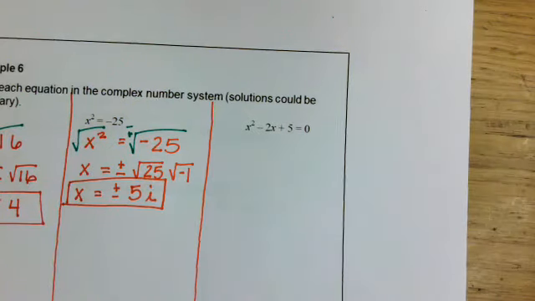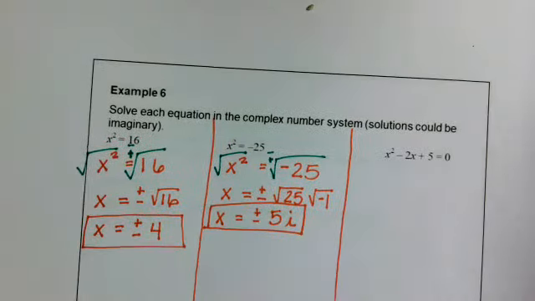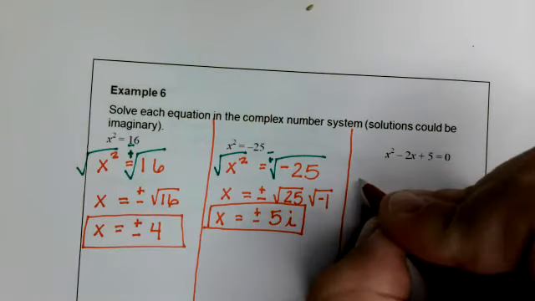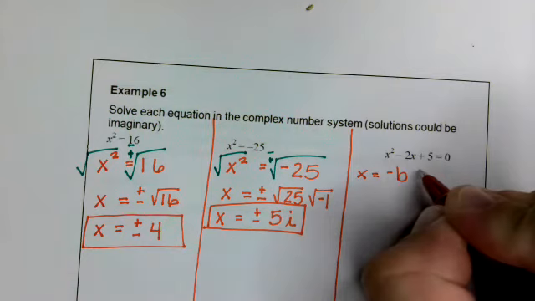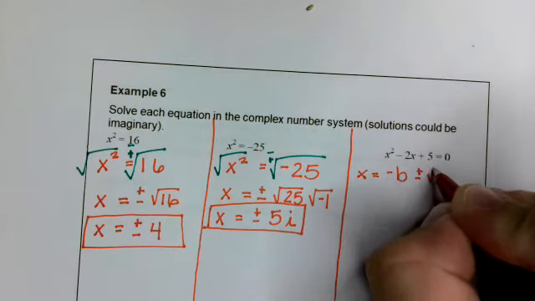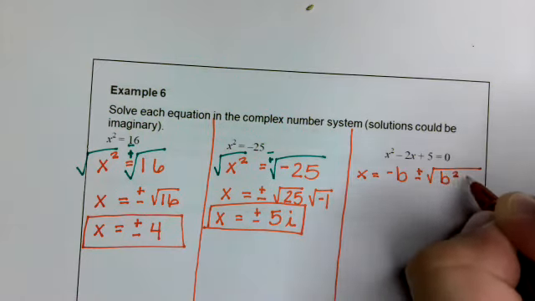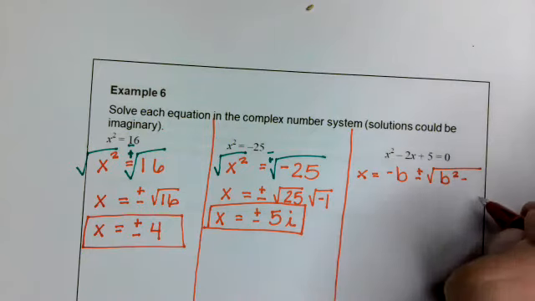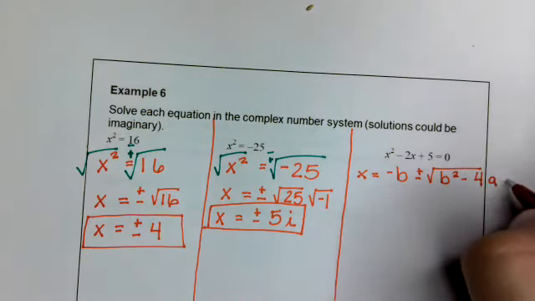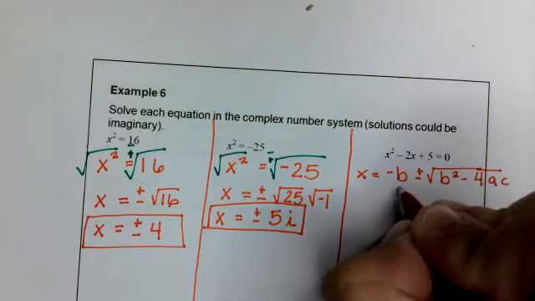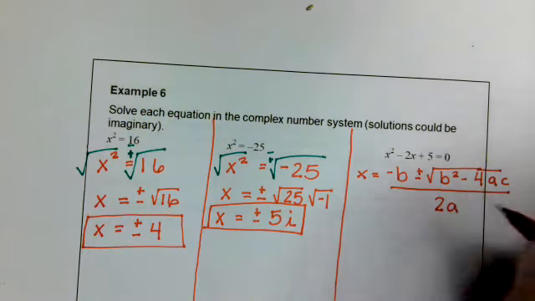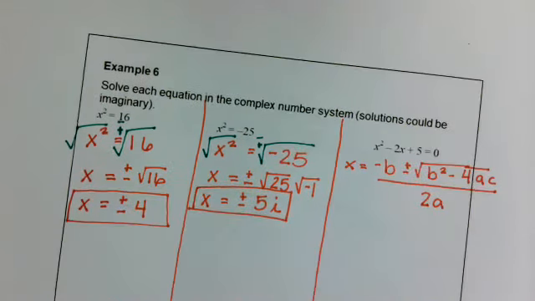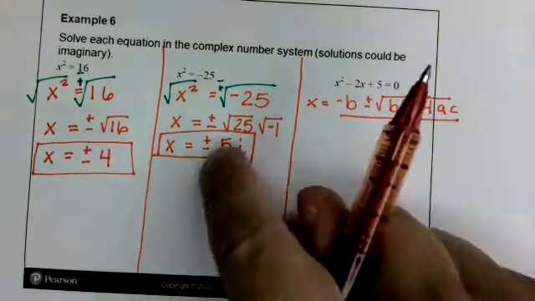So the quadratic formula is x equals -b plus or minus the square root of b squared minus 4 times a times c all over 2a.